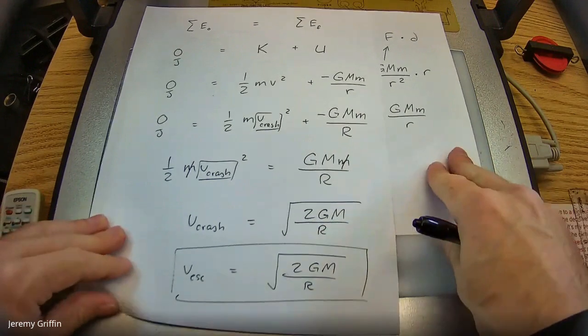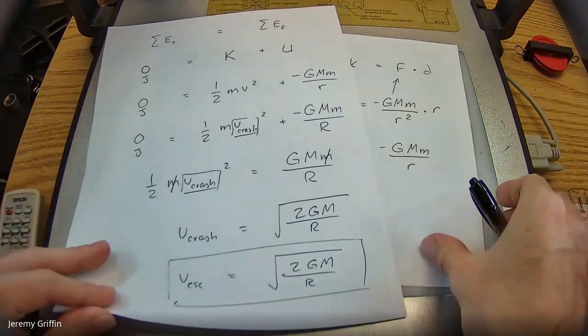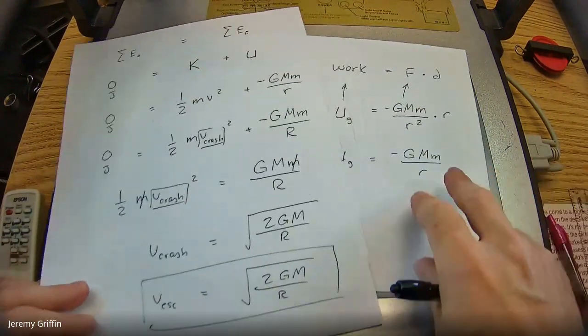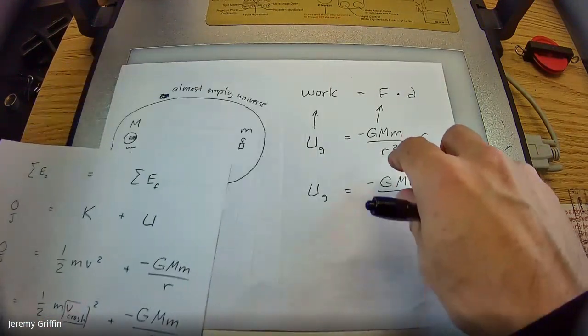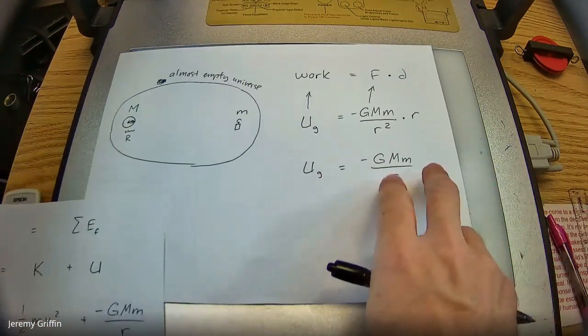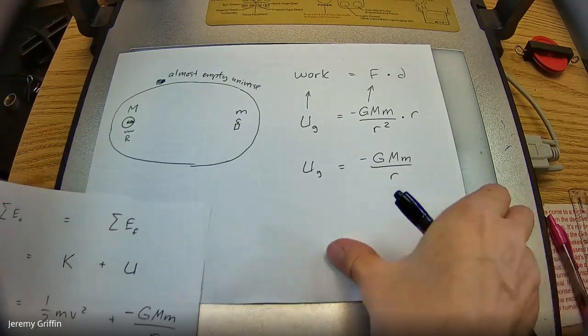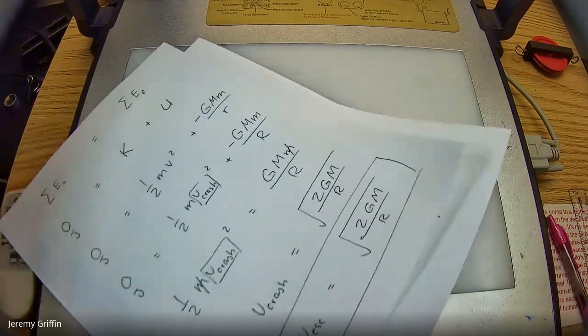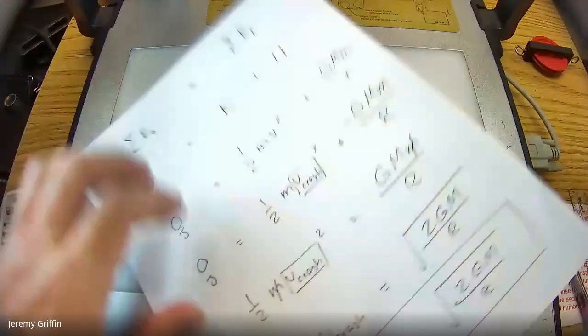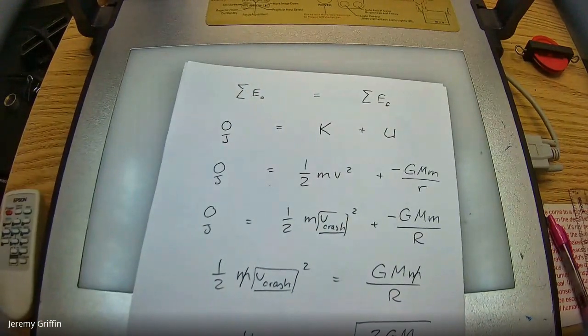Now here's where I'm going to do something a bit more technical with you guys. I want to show you why negative GMm over R simplifies to mgh at a local level. Are you guys ready to see that? This is another one of those things that takes some deep thinking. So here we go.